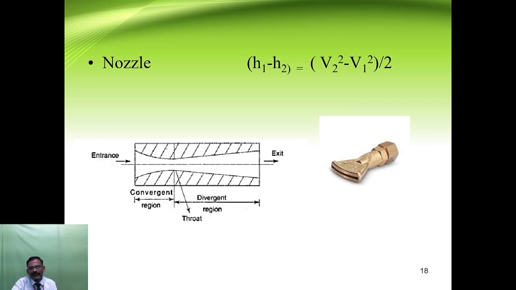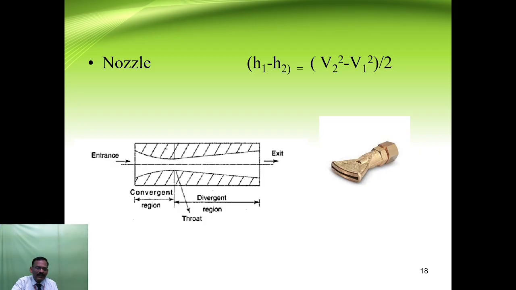Then another example is the nozzle. The nozzle is also a steady flow device. Here the picture shows the nozzle, and the cross sectional diagram shows a convergent divergent nozzle. There are two portions, the convergent portion and the divergent portion.